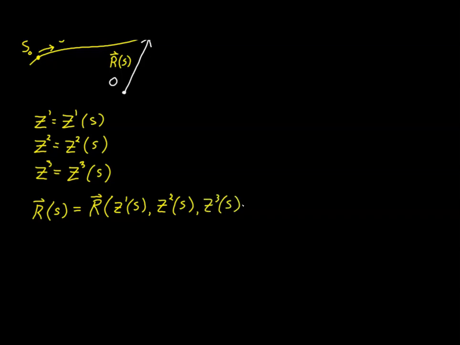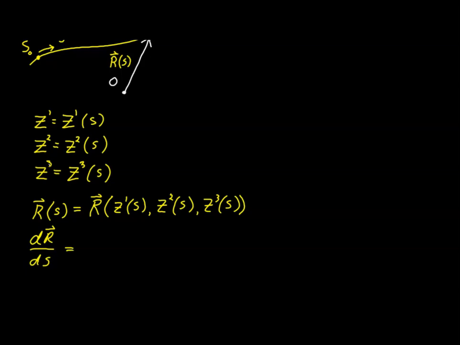So again, as we've done in the past, we've created a composite function on the right. It's a little different this time, though, because there are now 3 arguments on the right, so we're dealing with a multivariable function on the right-hand side. Well, we'll take the derivative of this. Of course, this one is easy, dr ds.